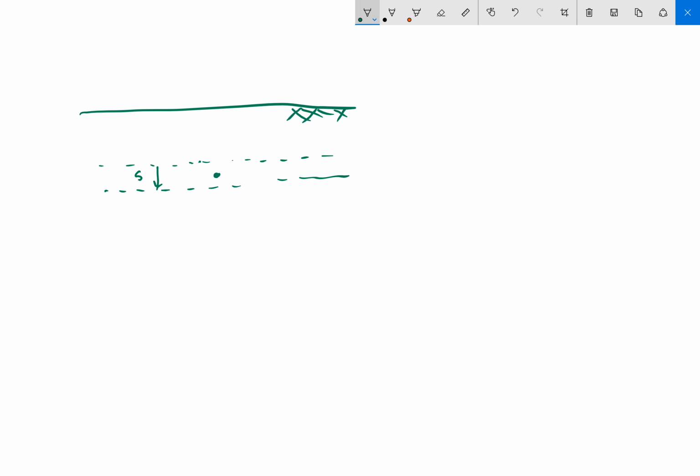Everything that we've learned thus far in this class, or at least when we've talked about settlement, is saying let's assume that there's going to be some infinitely long load of some stress applied to the soil. Well, we're going to change that, and instead we're going to apply some finite load.